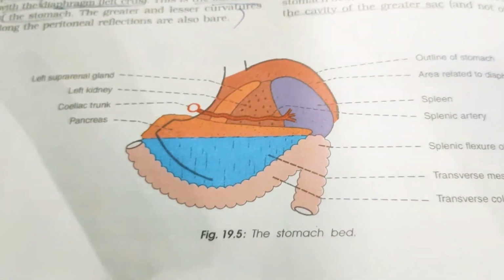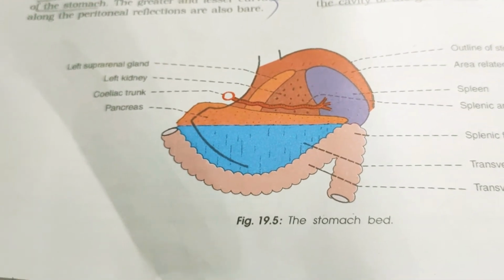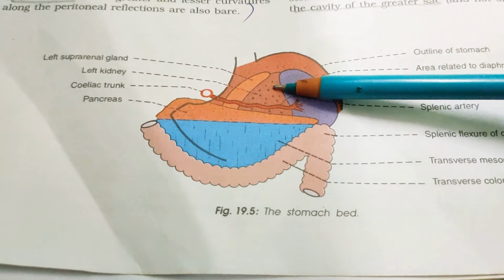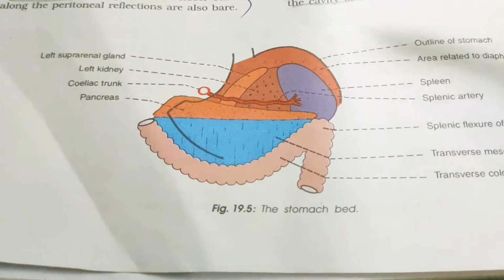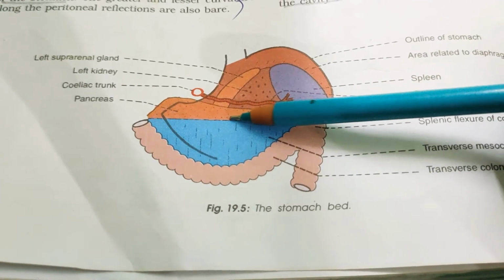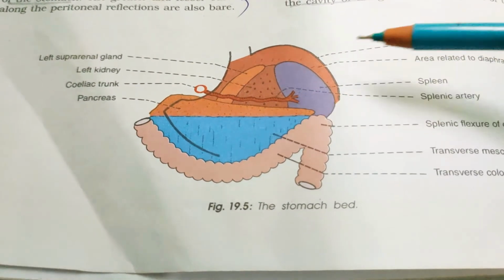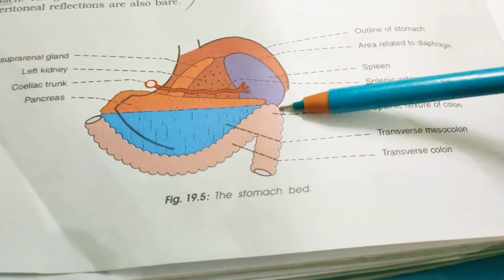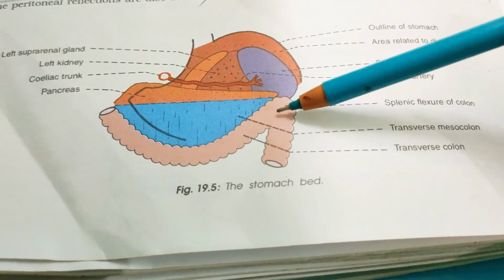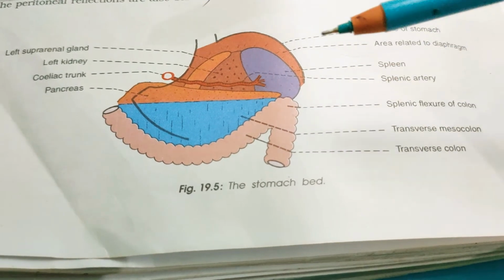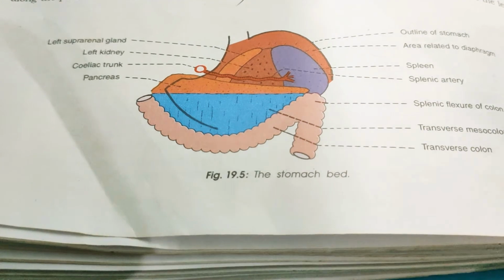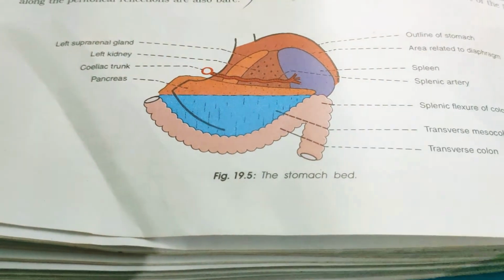Also you have the left suprarenal gland here, that is the left adrenal gland, and also you have the pancreas. You can see here this is the pancreas, and you have the transverse mesocolon. You'll also have the splenic flexure of the colon, and the splenic artery over here. These are all the structures present posterior to the stomach.